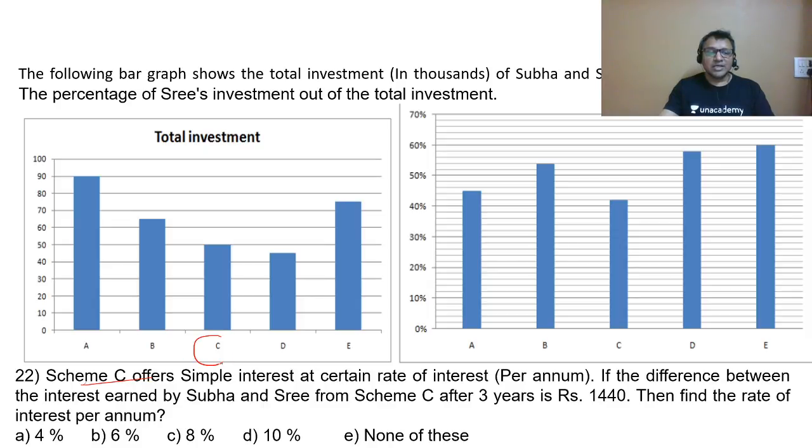Scheme C offers simple interest at a certain rate of interest per annum. The difference between interest earned by Shubha and C from scheme C after 3 years is 1440.